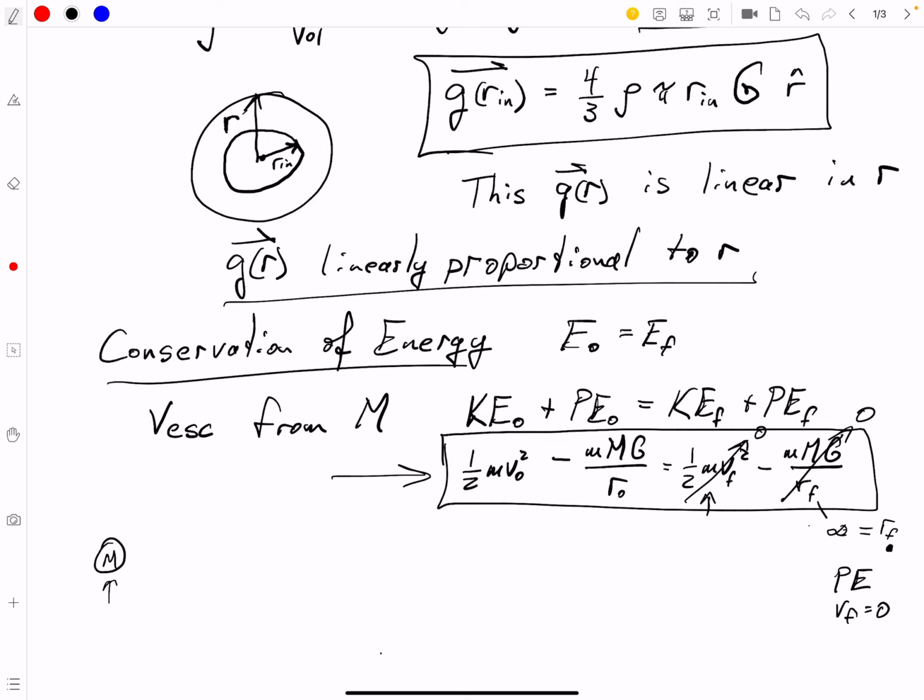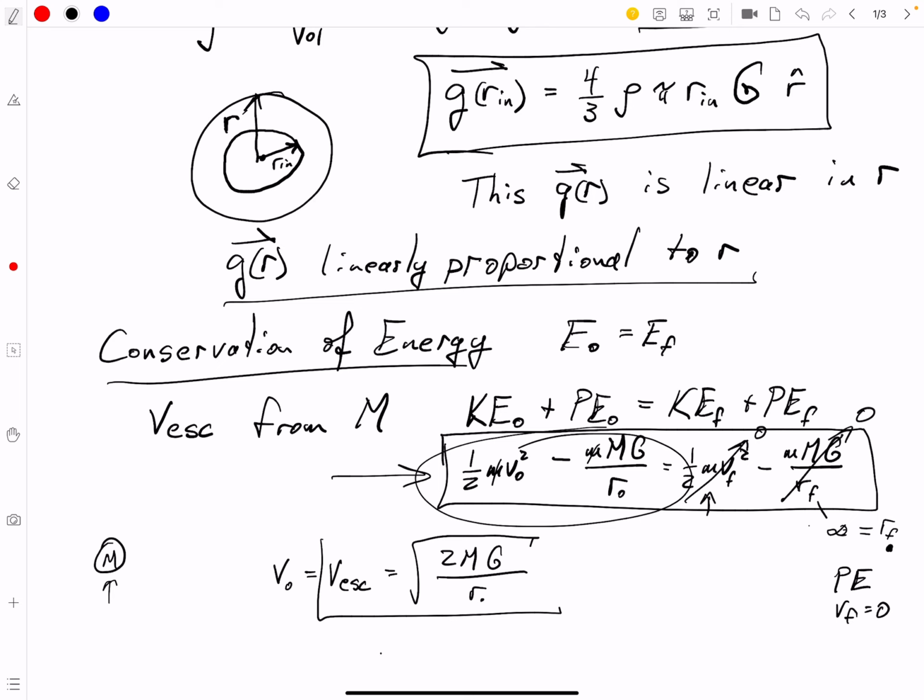So that leaves us with these two things equaling each other. So our escape velocity is then, these guys cancel, and we're left with the square root of 2MG over r naught.